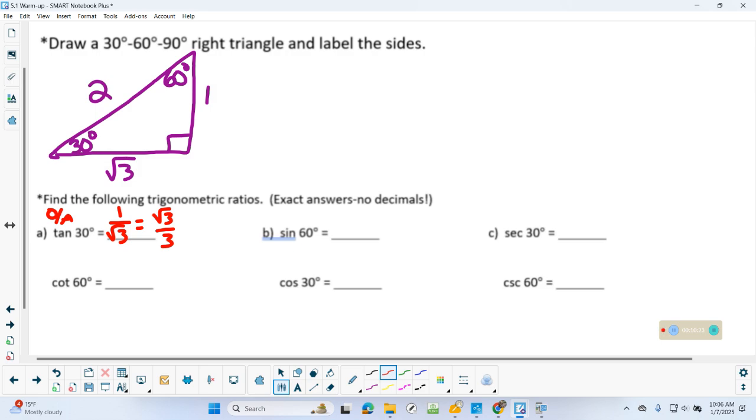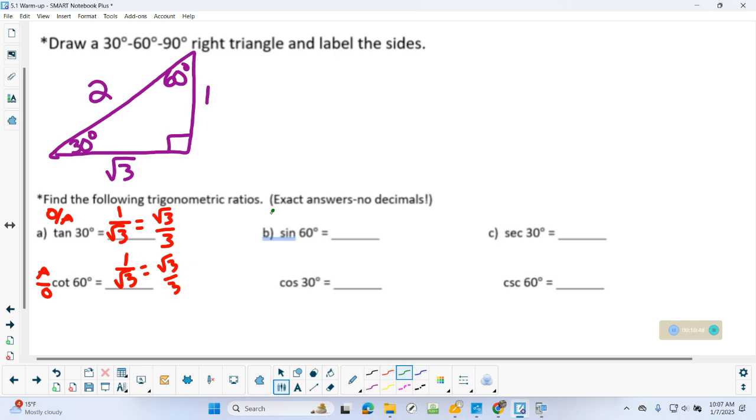Now, cotan, of course, reciprocal of tan, so adjacent over opposite. But from the 60, so make sure you look at the top of the 60. What's adjacent to the 60? Adjacent to 60 is 1, opposite the 60 is root 3. Interesting. We got the same thing.